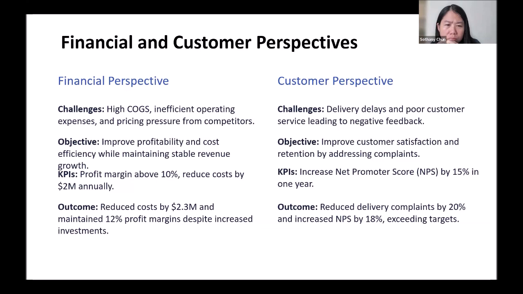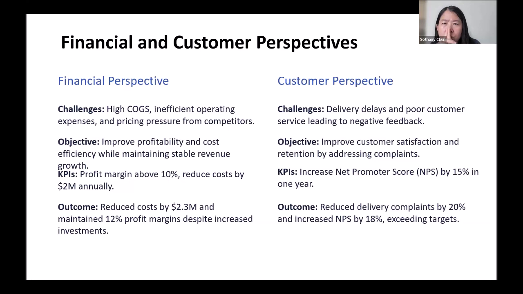Why is it important to improve profitability and cost efficiency? Because financial health is the ultimate measure of the company's success. The company needed to ensure profitability even while investing in improvement. Their KPI is a profit margin of about 10%. When we calculate on the income statement, we can see the profit margin is 12%. This meets the company target of maintaining at least 10%.